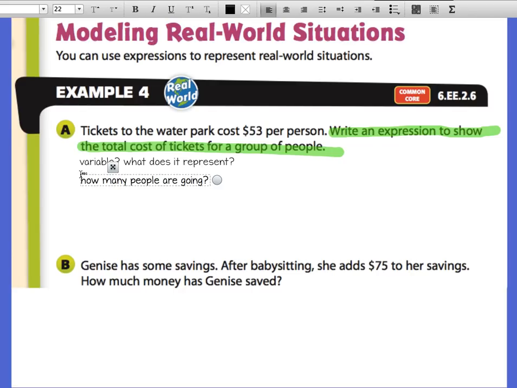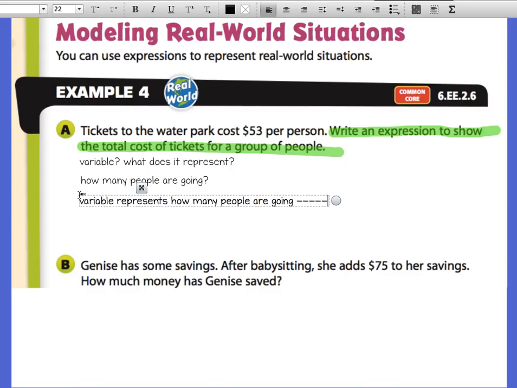Since we don't know how many people are going, that is what our variable is going to be. So our variable represents how many people are going.